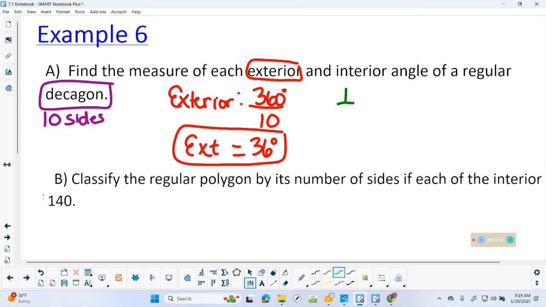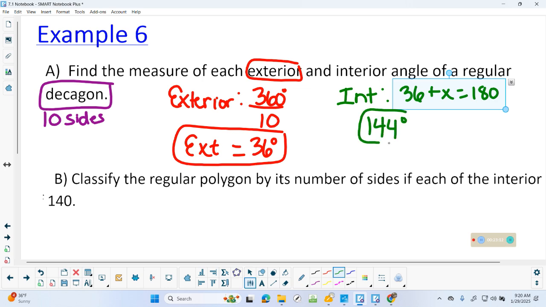So my interior one should be the exterior plus whatever the interior is, and they should make a linear pair of 180. Most of you can probably just do that on your calculator. What's 180 minus 36? 144. So that's the easiest way to do it. Get your exterior first, because they're going to make 360. That's super easy. And then just the two of them combine to a linear pair, 180.